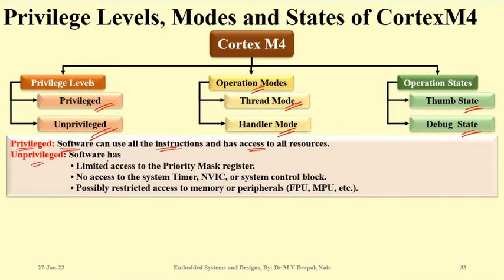Unprivileged levels are those levels in which software has limited access to some of the registers, like the priority masking register. We cannot directly change the priority masking registers with software. You can of course change the register itself, there is a different way to approach that, but otherwise software has limited access to certain registers like the primary priority mask register.